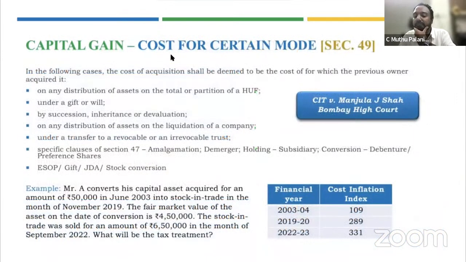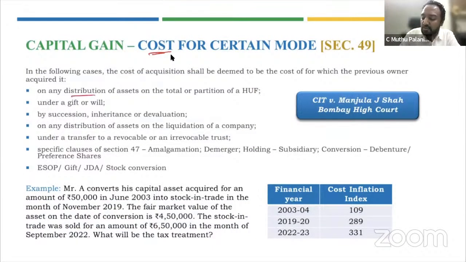But please remember, we said that in some cases a previous owner will be there. For such people, the cost will differ. So the cost of the previous owner should be taken for whom?